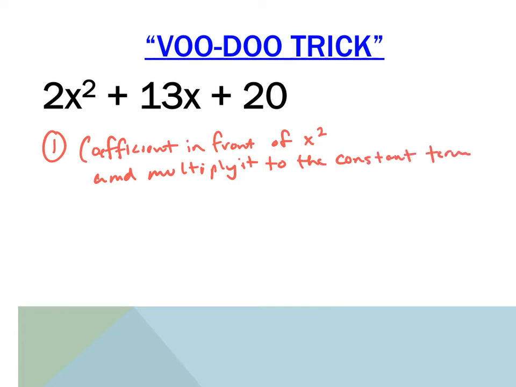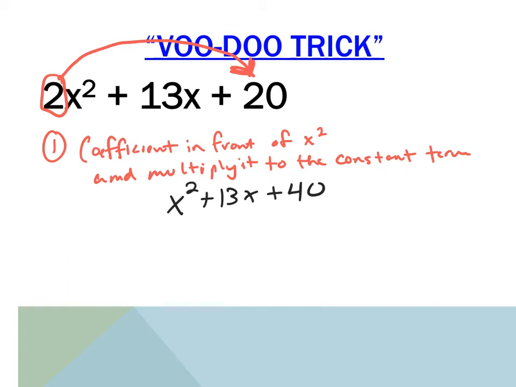So what that looks like here, we take that coefficient that's in front of x squared, that whole entire number, and we basically multiply it by the constant term, which is the last number in that trinomial, 20. And so what that looks like here would be, now we have a new trinomial to deal with, and that would be x squared plus 13x plus 40 now. So it's dropped in front of the x squared and it becomes multiplied to that constant term.